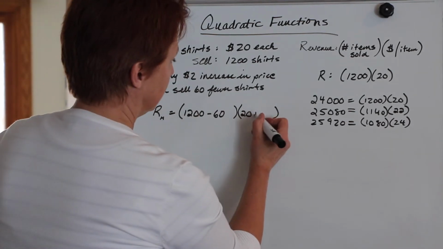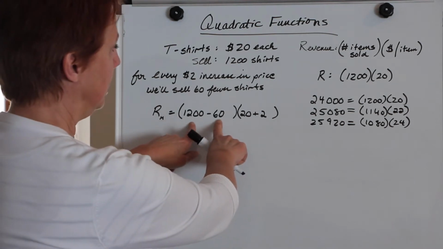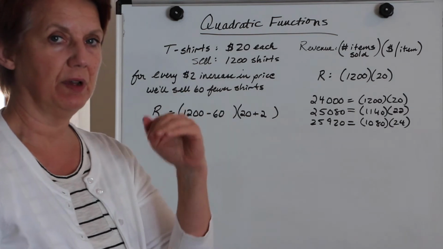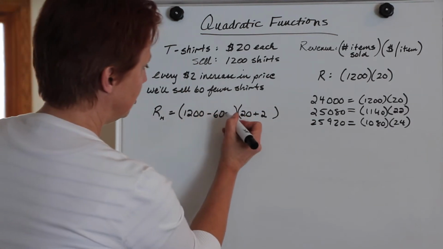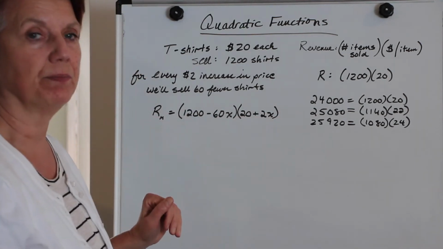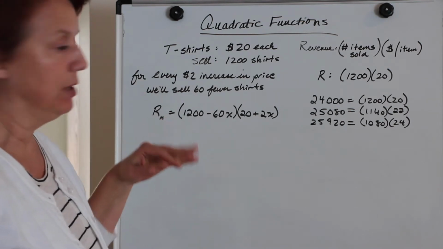Well, we have to write plus 2. Okay, so here we have 1,140 times 22. So write one iteration of the situation, whatever it happens to be. And then when you've got that, just pop x's in beside those numbers. That's your function, okay?